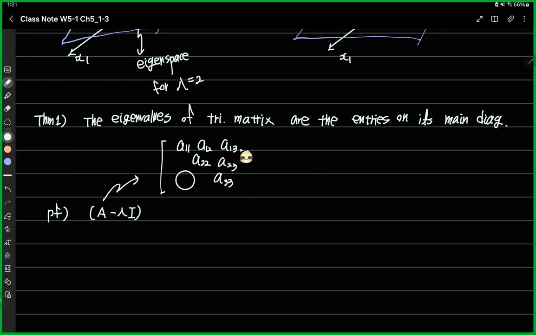So then it's easy to catch up. Then A minus lambda I is going to be what? A11 minus lambda, and the A12, A13, and A22 minus lambda, the A23, and the A33 minus lambda, is it?